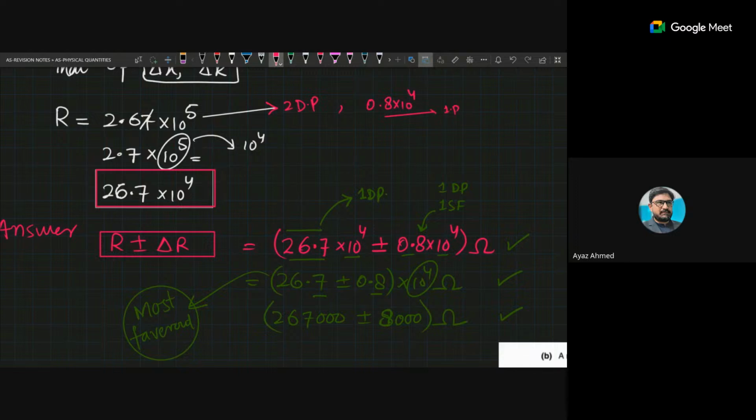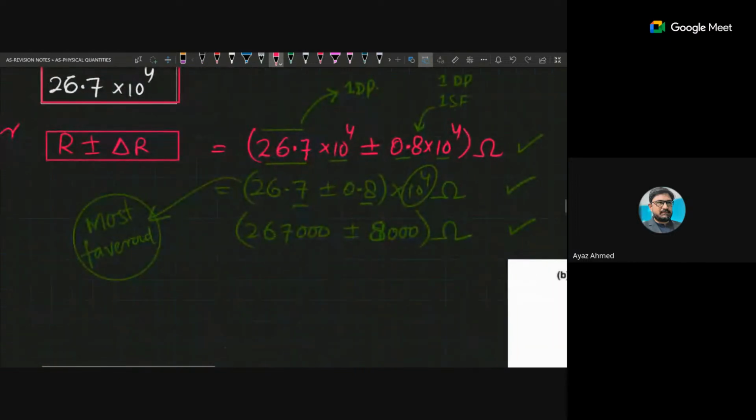So if there is one decimal place, I have to convert the data. Here I have explained that the decimal place of 0.08 must be equal to the decimal place of 26.7. So here is the answer.